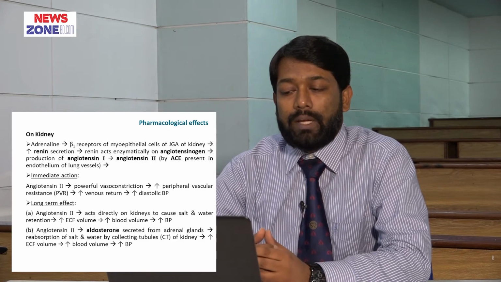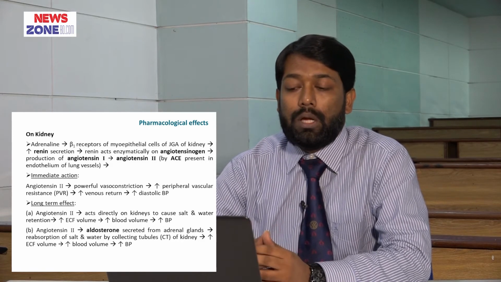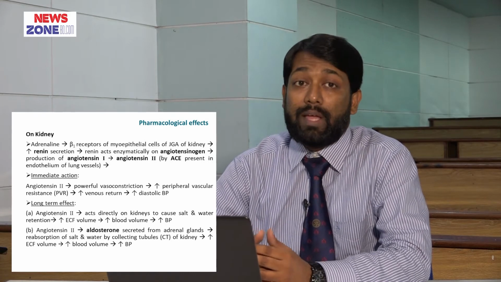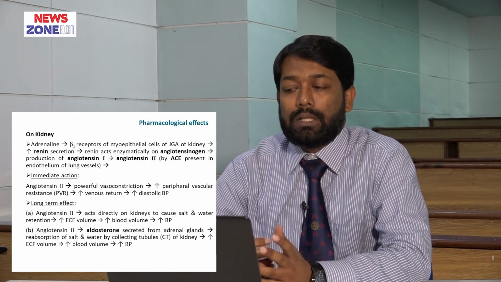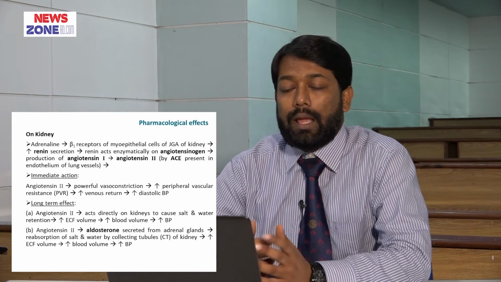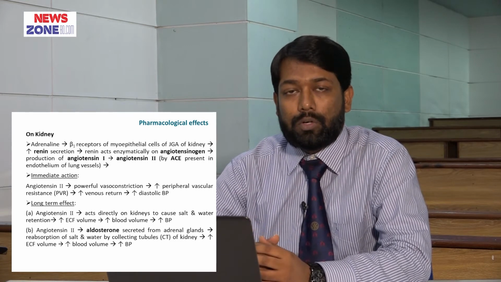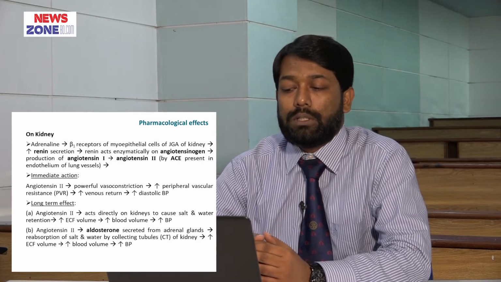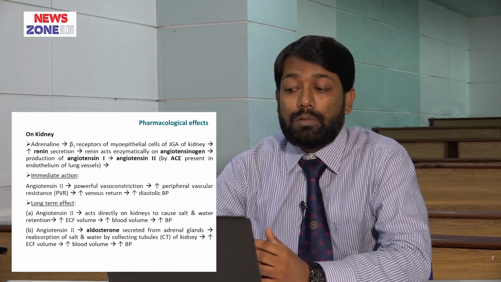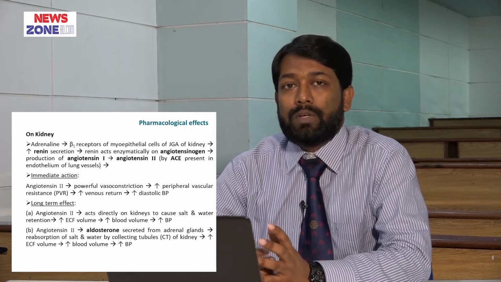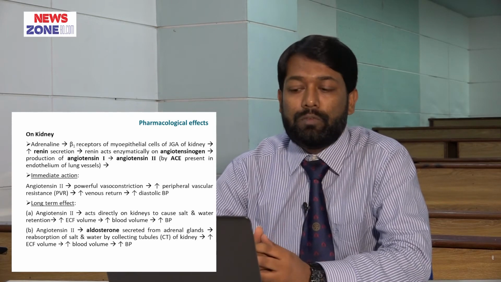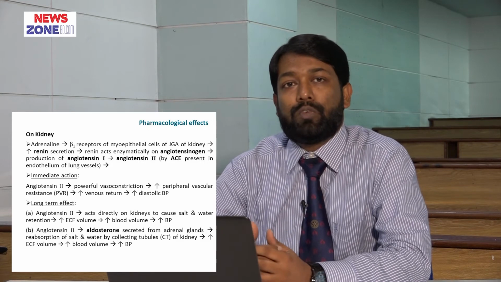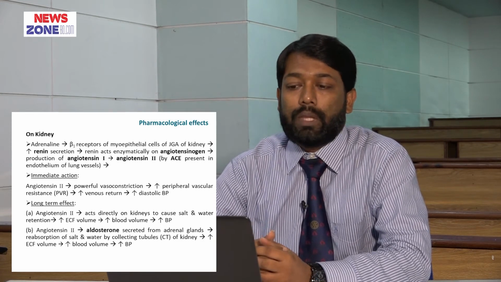In the long term effect, angiotensin II causes the production and secretion of aldosterone from the adrenal glands. Aldosterone is a mineralocorticoid. It causes the reabsorption of salt and water by the collecting tubules of the kidney, increases the extracellular fluid volume, increases blood volume and increases overall blood pressure.